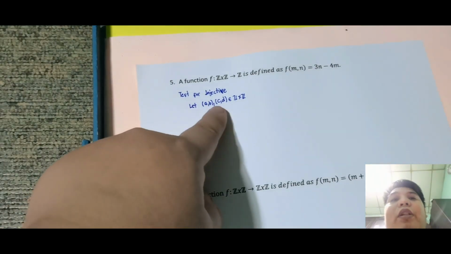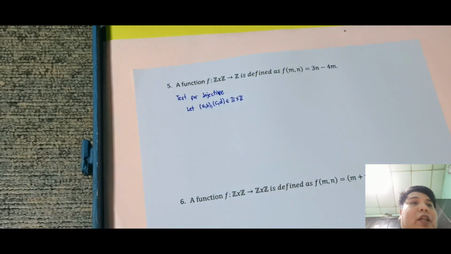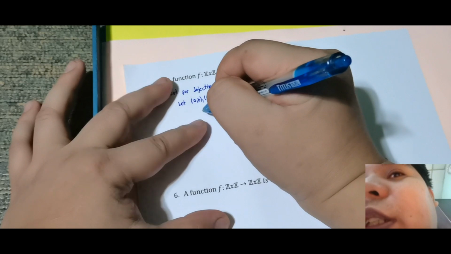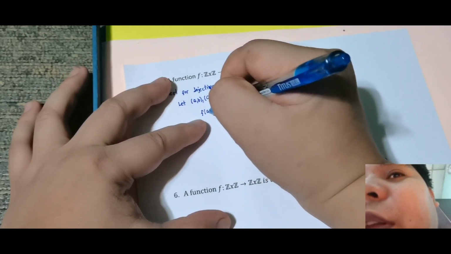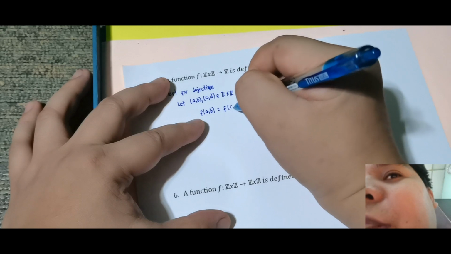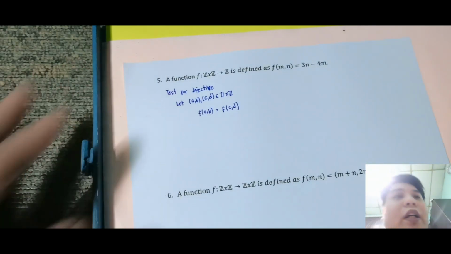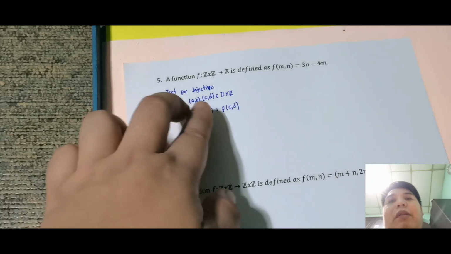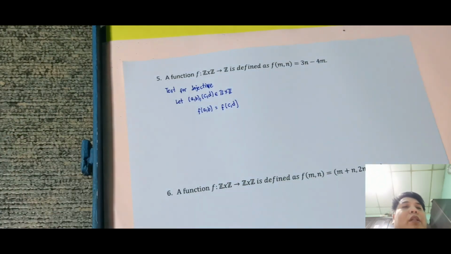Ito yung x sub 1, ito yung x sub 2. Suppose f of (a, b) is equal to f of (c, d). Ano gagawin natin? Dapat ang goal natin, para masabi natin equal yung (a, b) sa (c, d), dapat equal si a kay c, equal si b kay d.